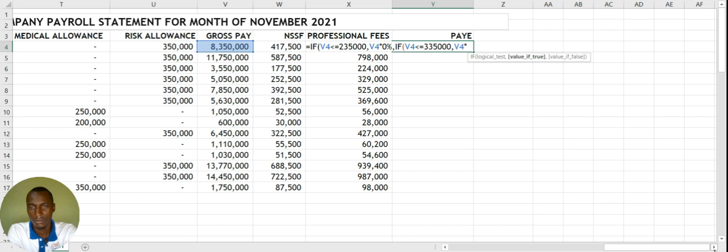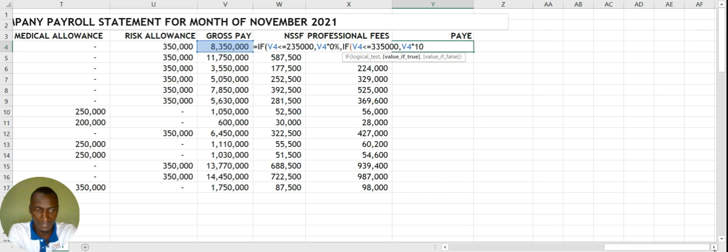Then to get the tax, that will be the gross pay times 10%. So that is it.